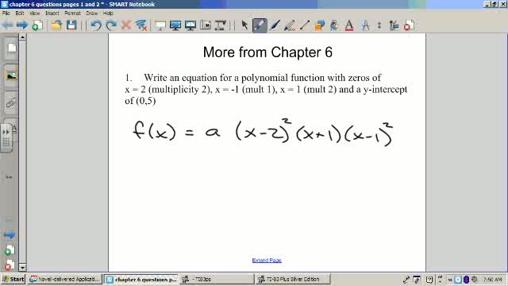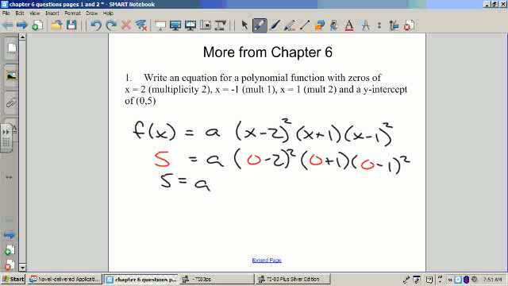Well, I'm going to use the fact that my y-intercept is (0, 5), so my x value is 0, my f of x value is 5, and I'm going to plug that in. 5 is equal to a times (0 minus 2) squared times (0 plus 1) times (0 minus 1) squared. I just plugged in my values for the y-intercept.